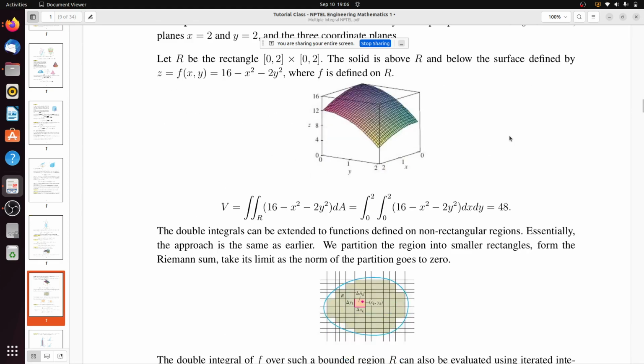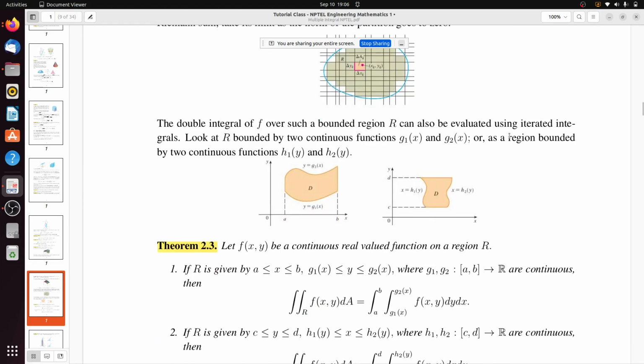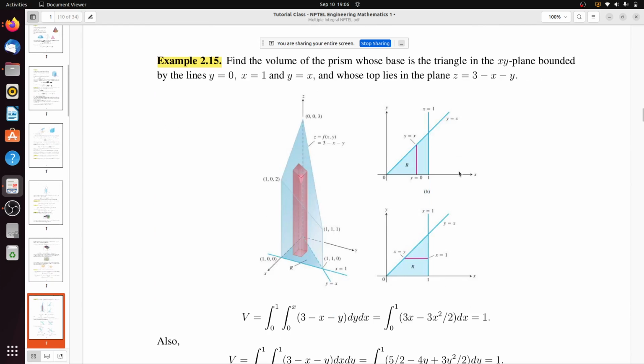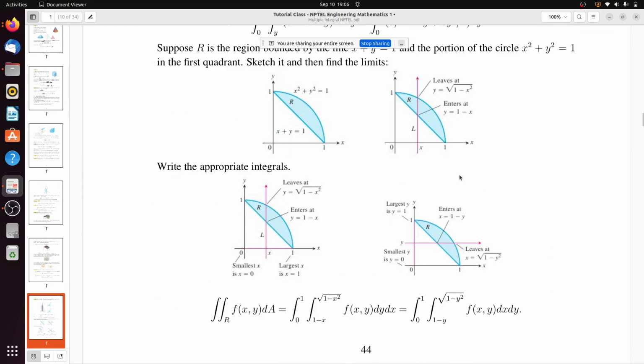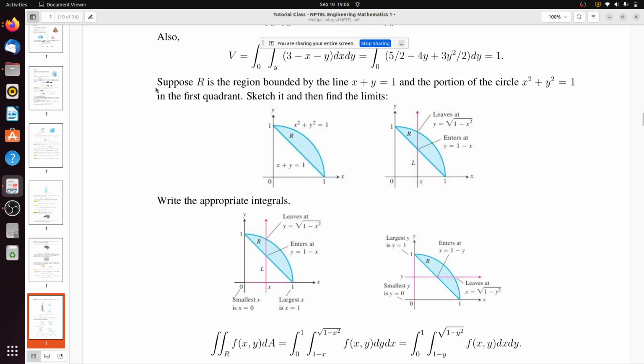I will upload the notes, no worries. Try to determine these integrations taking a suitable expression for f(x,y). This picture is very useful for you. It tells you how you can interplay the order of the integration.